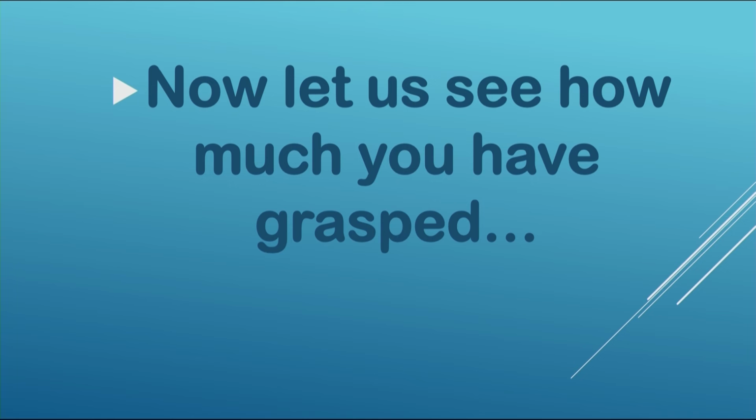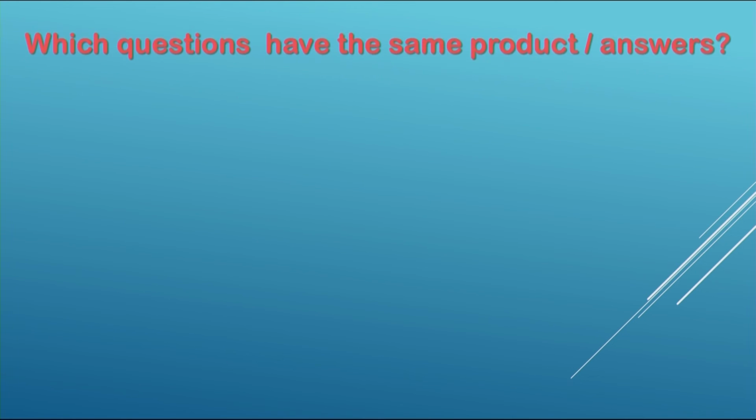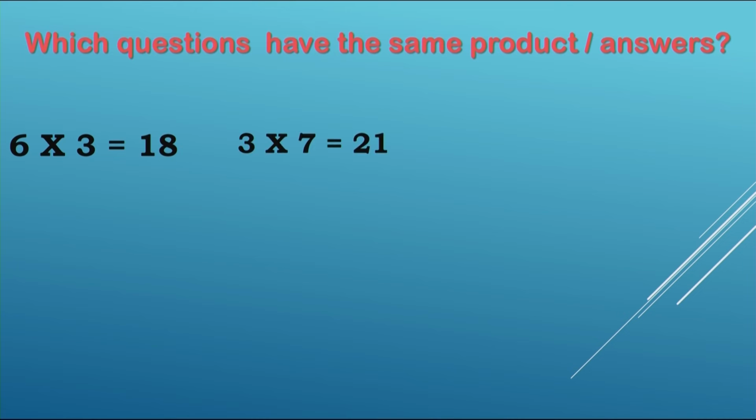Now let us see how much you have grasped. Which questions have the same product or answers? We've got 6 multiplied by 3 equals 18. We've got 3 multiplied by 7 equals 21. And we've got 6 multiplied by 5 equals 30.